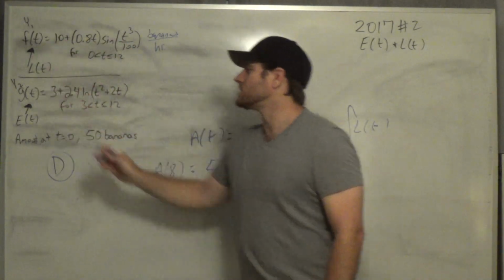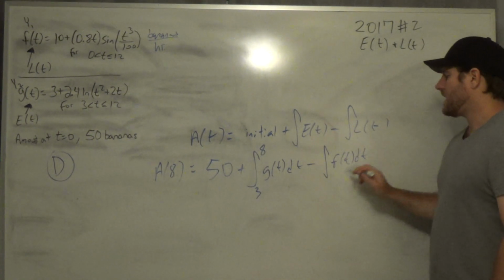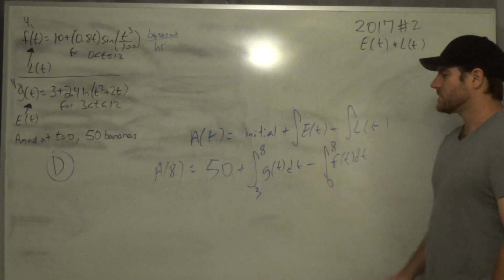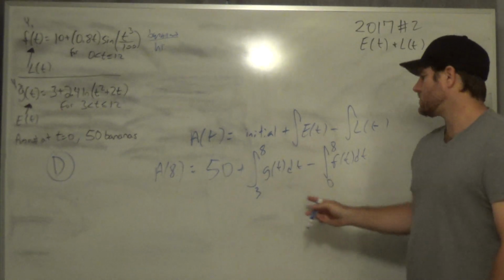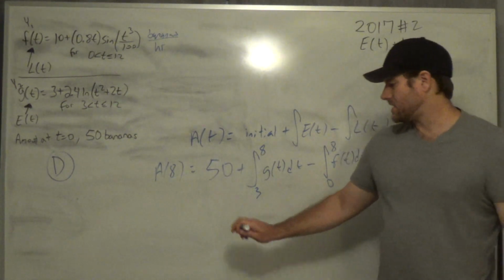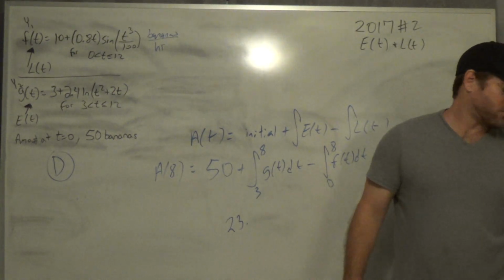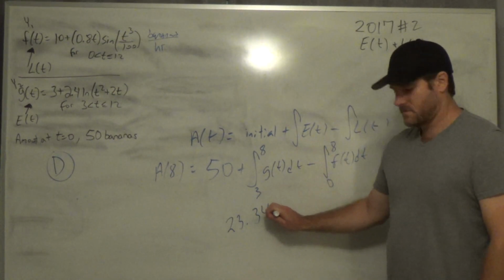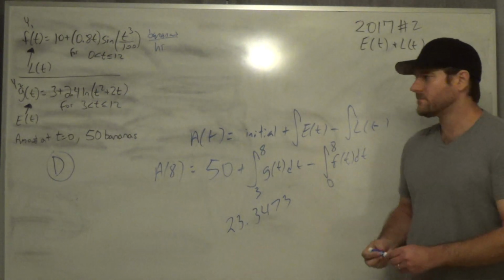Instead of writing this whole equation, I'm just going to put f of t. And we can use 0 to 8. And then I would do 50 plus this. Remember, I'm going to use my hotkey Y2 and my hotkey Y1 to speed things up. And if I do all this, I get 23.3473 pounds of bananas. And that's it.